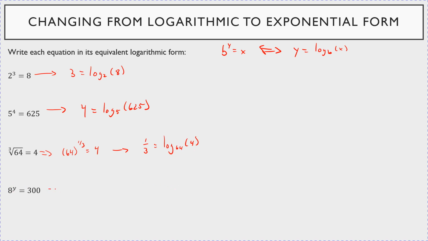The exponent here is y. y is equal to log, what is the base here? 8 of 300. So here's all I was doing. I'm just switching between exponential and logarithmic form. Just going back and forth, back and forth. They're equivalent statements, okay?